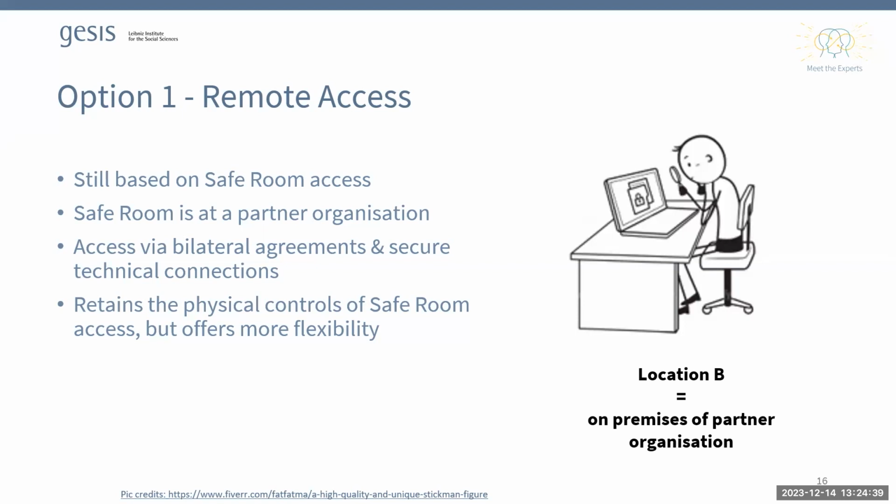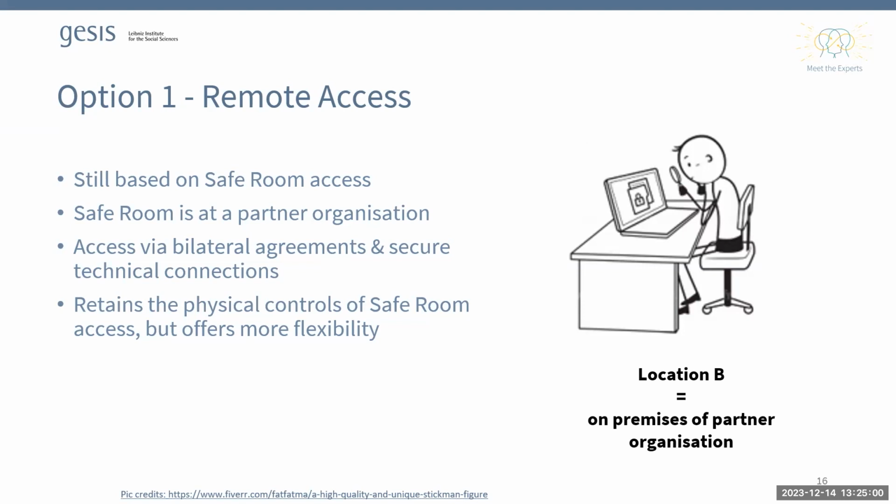It's located at a partner organization, and we provide access through bilateral agreements and secure technical connections. So it's exactly the same model as I showed you earlier. It's just the location of our researcher has now moved.